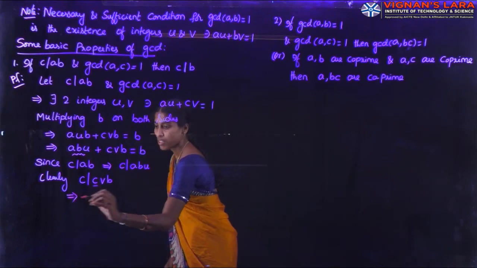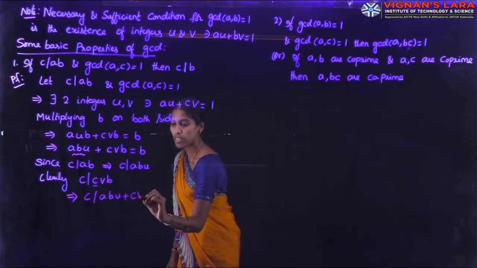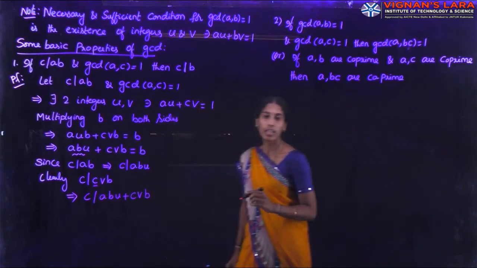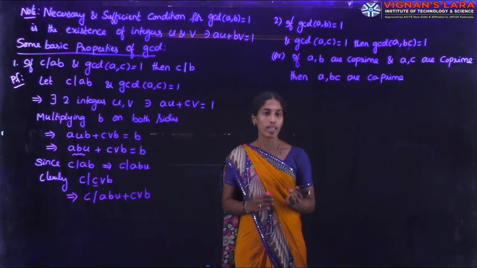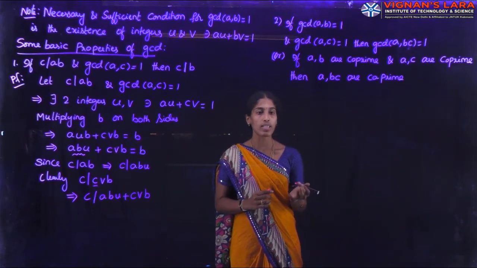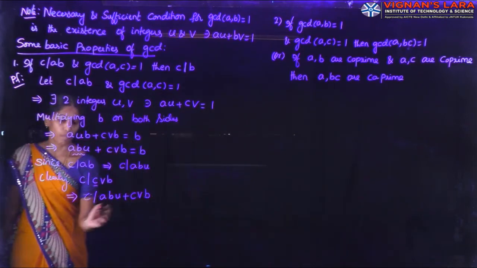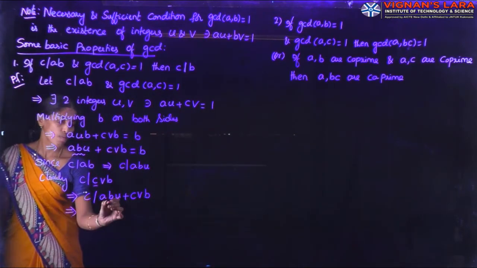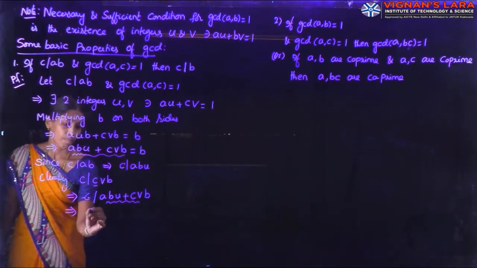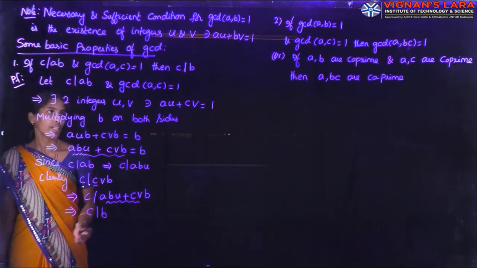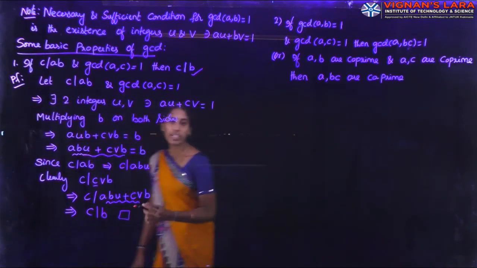This implies C divides ABU plus CVB. If A divides B and A divides C, then A divides B plus C and A divides B minus C. So C divides ABU plus CVB, and ABU plus CVB is nothing but B. So C divides B. This completes our proof.